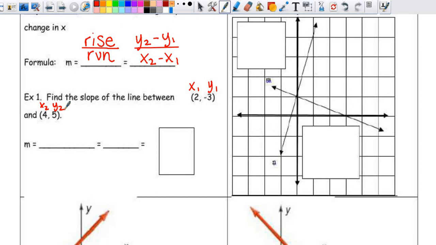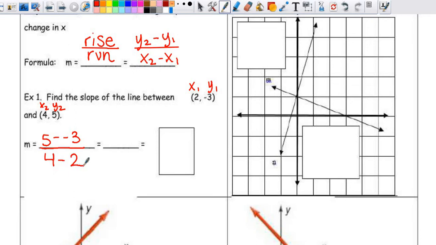All right, so y2 is 5 and y1 is negative 3, so 5 minus negative 3. Those are my y's on top. And let's go ahead and put our x's on bottom. x2 is 4, and I will subtract x1, which is 2.